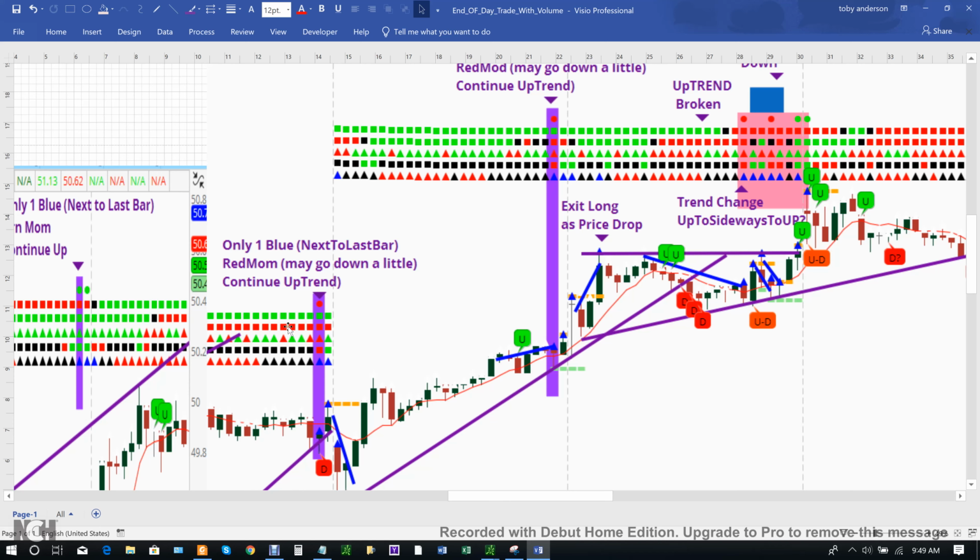As far as, see this, the top row is green, which is the long-term trend. The second row is red, which is short-term trend. You've got a red momentum and a blue triangle. That is really close to this one here.